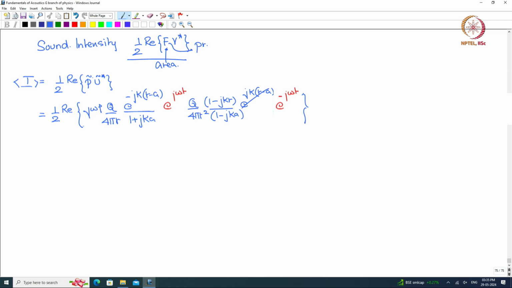And so now we have 1/2 the real part of q square by 4 pi square r cube, j omega rho into 1 minus jkr by 1 plus k square a square.